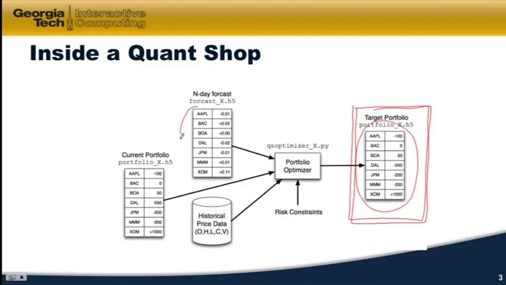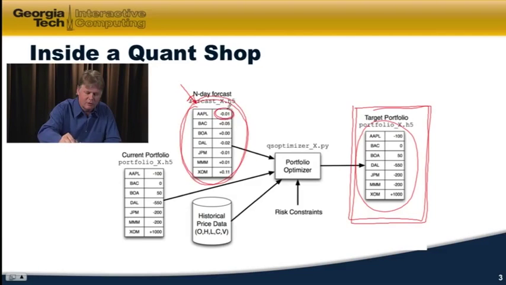But a way to treat this is to assume that from somewhere we have a forecast. We have some insight into the future about what the future prices of stocks are going to be. Here we think Apple is going to go down 1%. We think Bank of America is going to go up 5%. We think Delta is going to go down 2%.